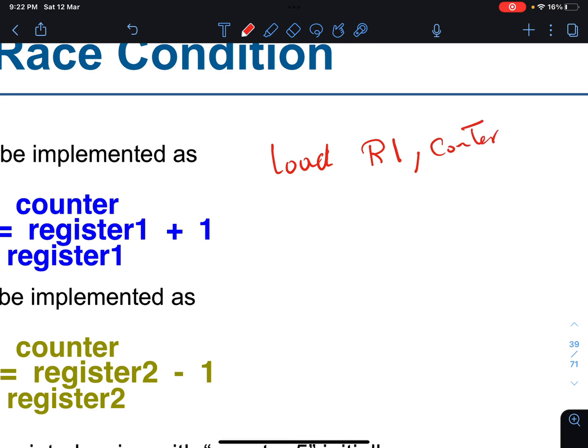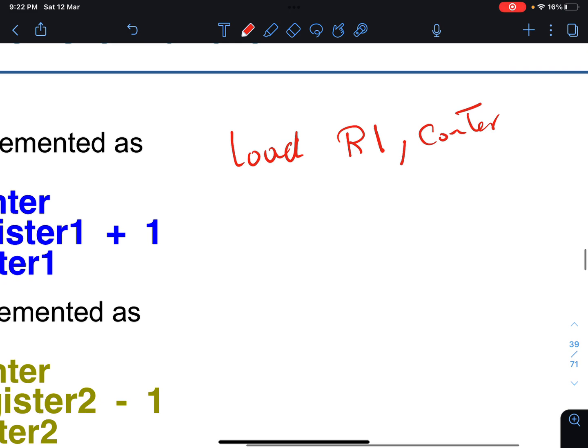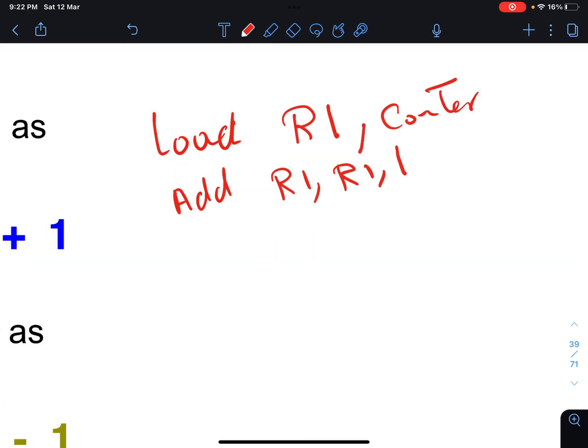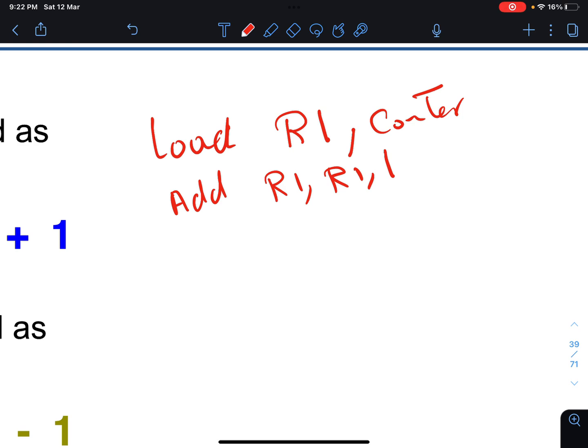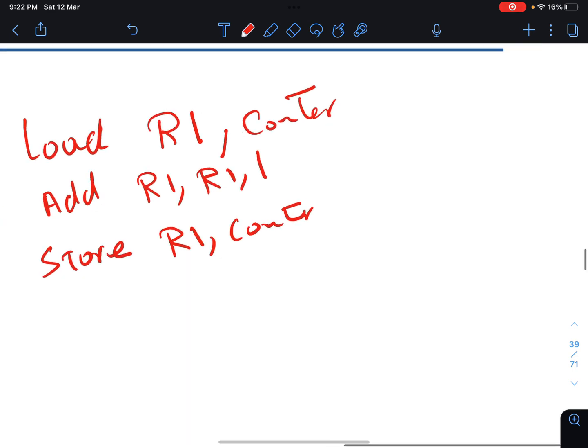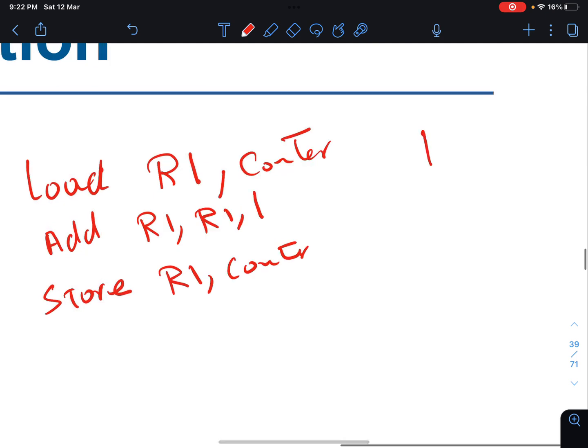So the value of the counter went to R1. Then add R1, comma R1, comma 1. Or increase, it depends on. So you add it and then store R1 and counter.